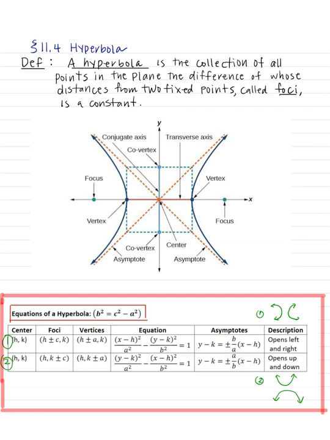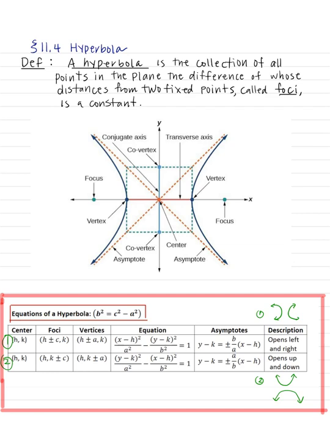Again, all the important points, vertex and focus, lie on the transverse axis, and there are things called the co-vertex. Now, co-vertex must lie on the conjugate axis. And we're not going to end there. For the hyperbolas, we're going to have two asymptotes. Do not panic, we got this.